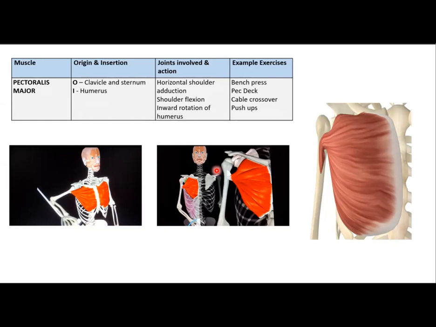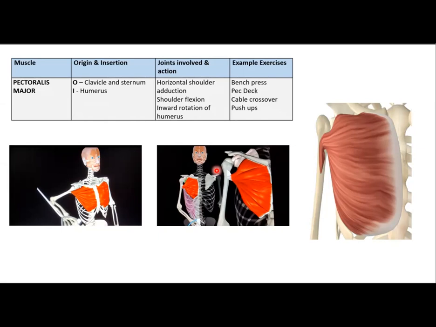But again, when you do this, your rhomboids are also involved, because you're doing a row and squeezing your shoulder blades, right? There is a bit of your latissimus involved. There is your tricep involved, because we talked about the long head of the tricep also going over your shoulder blade.